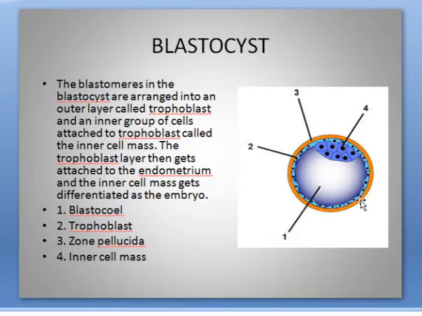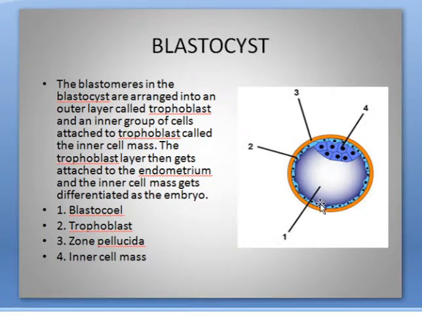So this is the structure of a blastocyst. The blastocyst consists of 32 blastomeres which are arranged in a particular pattern, as you can see here. In the middle there is a cavity, and this cavity is the blastocele.